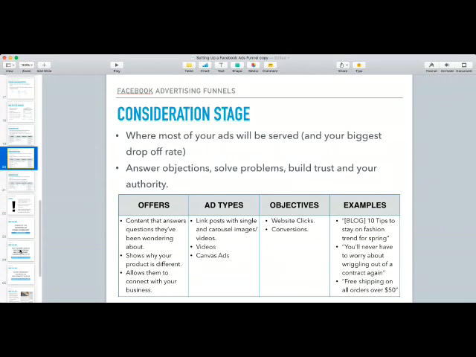Or maybe it's just the benefit of the product itself, something they need to make that decision and purchase, like free shipping on all orders over $50. Again, it's advantages and benefits of the product. So these are different types of languages that offer value to people to get them to take that next step.